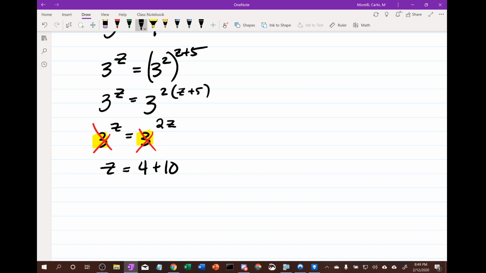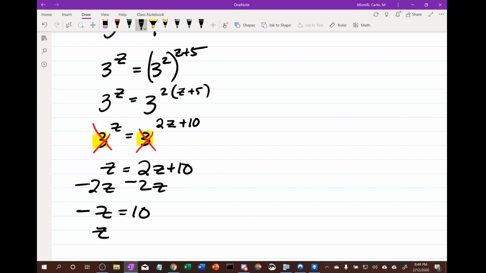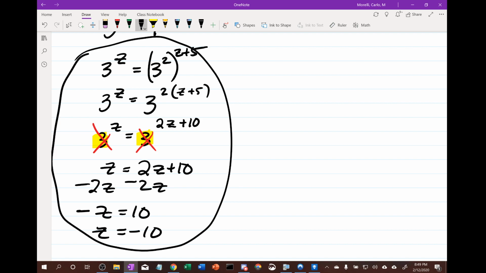So now z equals 2z plus 10. Very clever. Subtract 2z from both sides. And now you've got z minus 2z, which would be negative z equals 10. So z equals negative 10. Wow, that was much simpler. There was no logarithms involved.